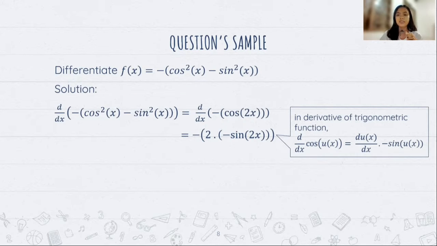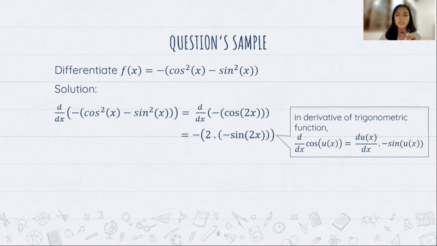Because in the derivative of trigonometric functions, we know that d over dx of the cosine of a function u(x) equals du over dx multiplied by minus sine of u(x).